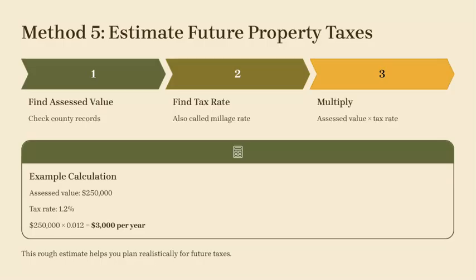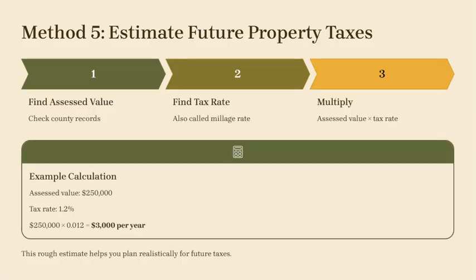Method 5. Estimate future property taxes. First, find assessed value by checking the county records. 2. Find the tax rate, also called the millage rate. And 3. Multiply assessed value times tax rate. Here's an example calculation.